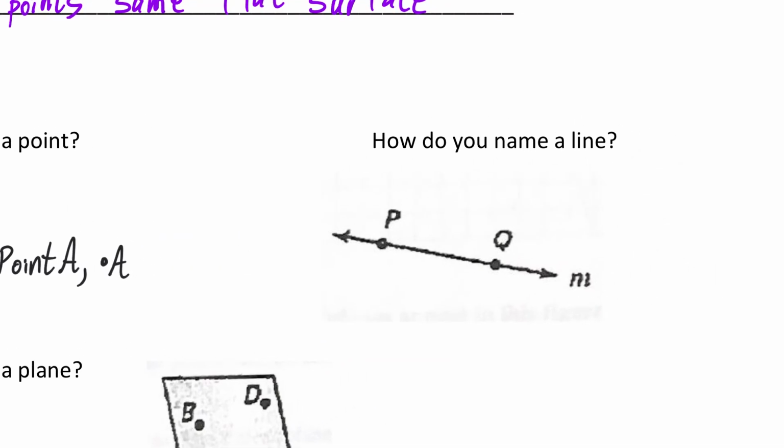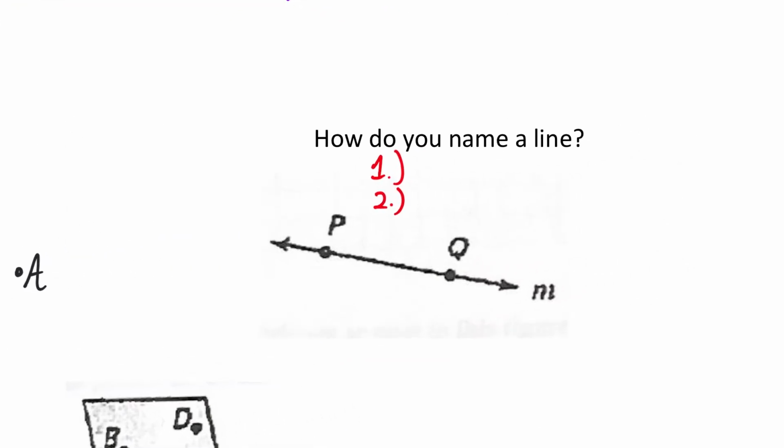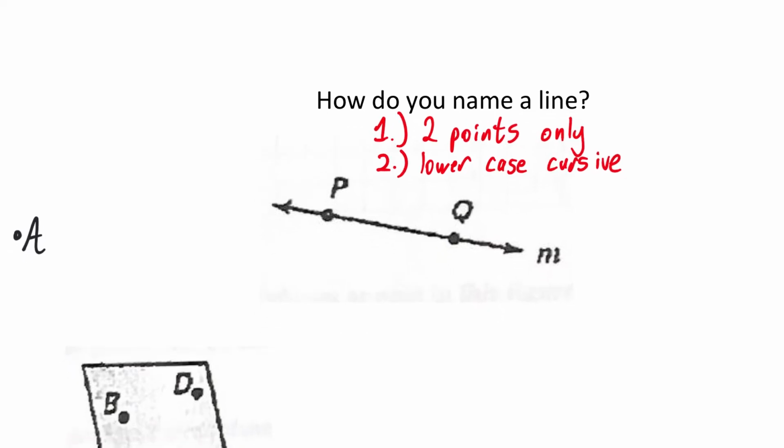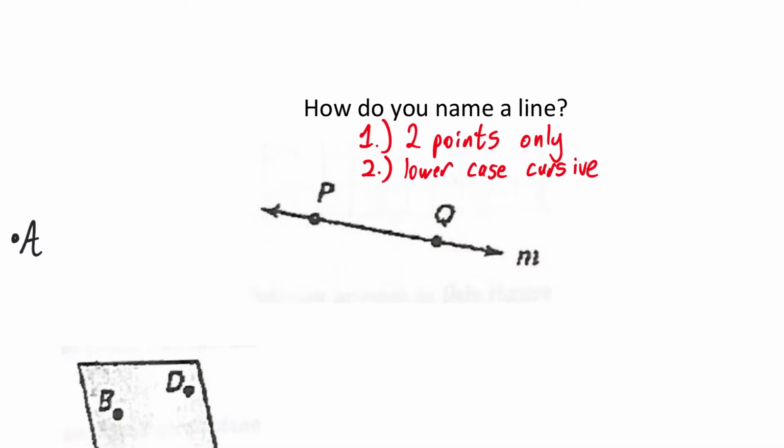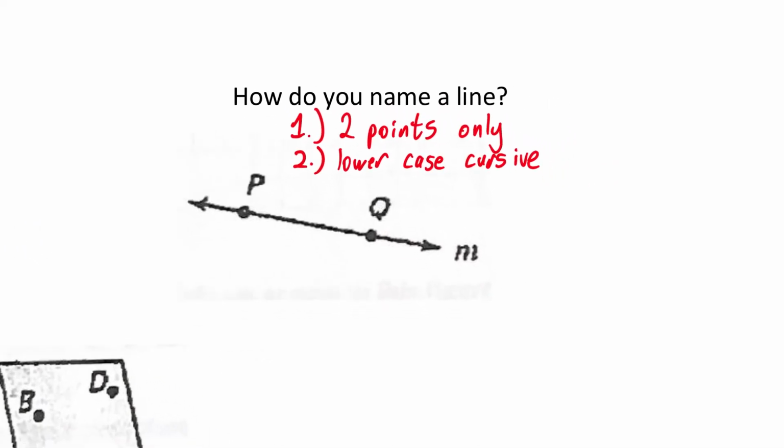Okay, so how do you name a line? For naming a line, there's two ways. Number one is to use 2 points, and actually 2 points only. And the other way is if there is a lowercase cursive letter. So this line, definitely 2 ways to name it.